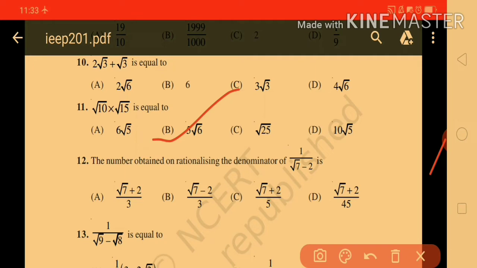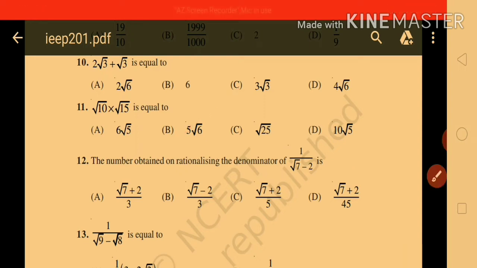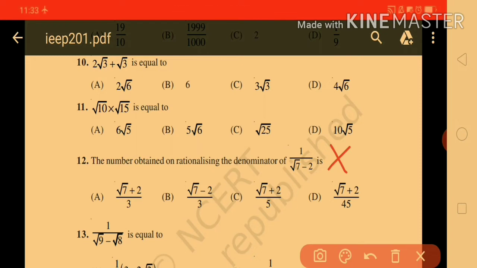Now the number obtained on rationalizing this. You know that when you rationalize, you change the sign in between the rational and irrational number. You will again get root 7 plus 2.